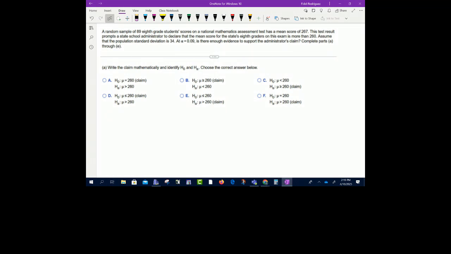Y'all, do we know how many eighth graders took that test? 89. Look, y'all, that's my n. Out of those 89 people, what was the average of their score? 267. That's my x bar, y'all. Very good. Now, look at this part right here, y'all. I'm going to underline it in purple.